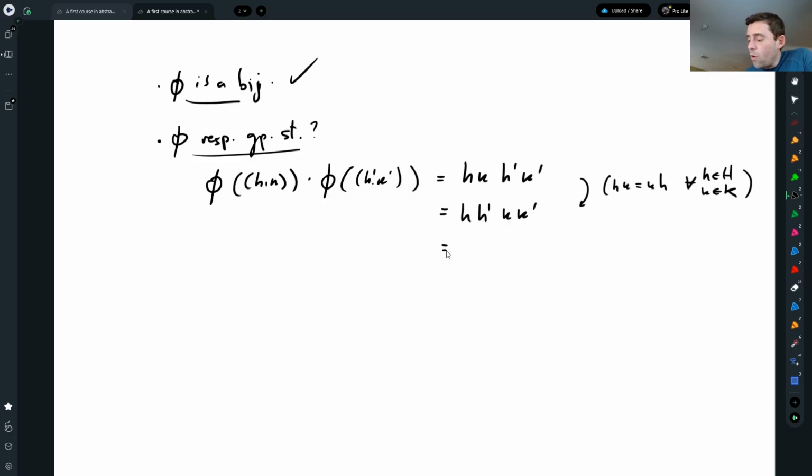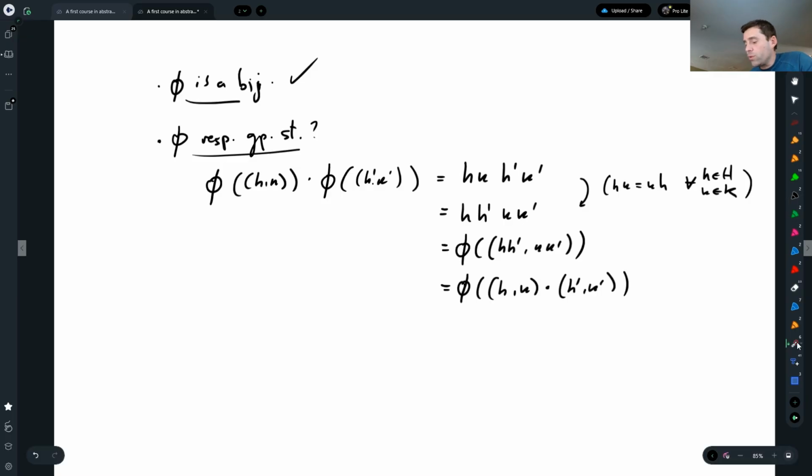But now h h prime is an element of H, so this is the same as if I send over the element (h h prime, k k prime) via phi. And this is the same because of the way multiplication works in a direct product. This is the pair (h, k) times the pair (h prime, k prime).